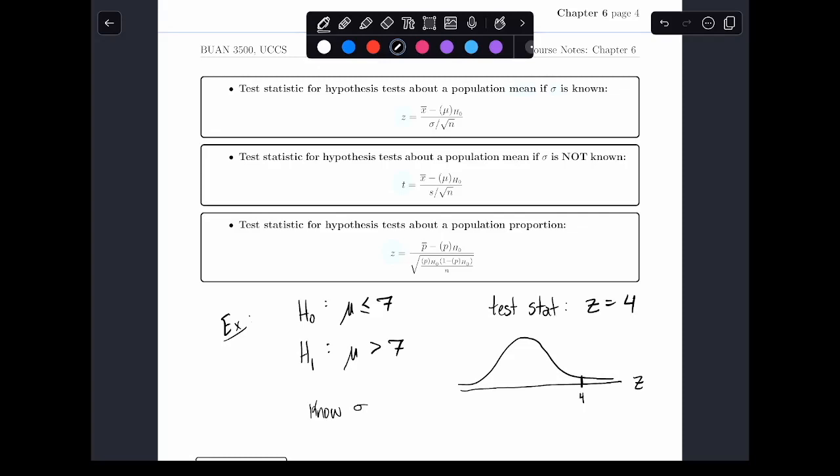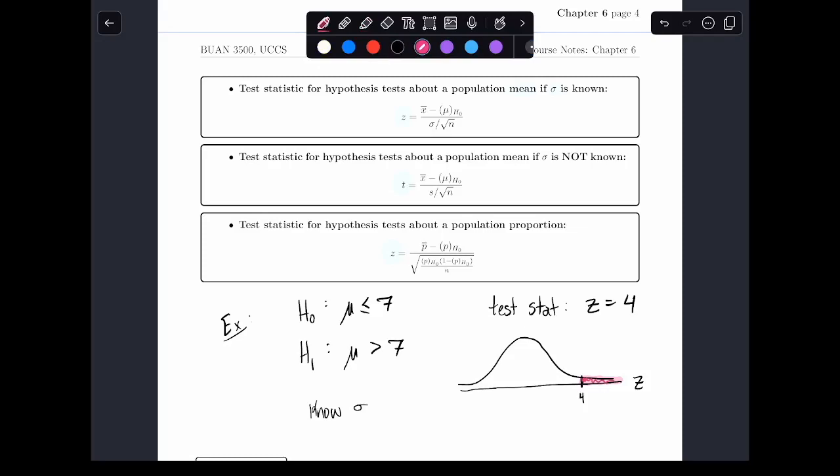And here, if I look at my alternative hypothesis, I'm only looking to the right of 7. And so when I do my probability, I only care about what happens to the right. This is what we call a right tail test. And so what I would want to do is find that probability, that area to the right.